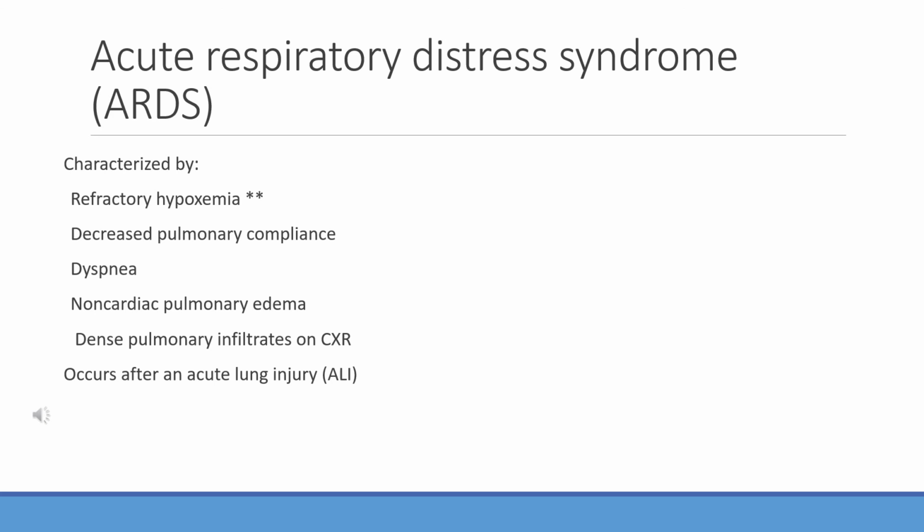It usually occurs after an acute lung injury, or ALI, in people who have no pulmonary disease, as a result of maybe sepsis, burns, pancreatitis, trauma, or transfusions. Other terms you might hear for ARDS include adult respiratory distress syndrome or shock lung. Despite the different causes of the acute lung injury, the trigger is a systemic inflammatory response.